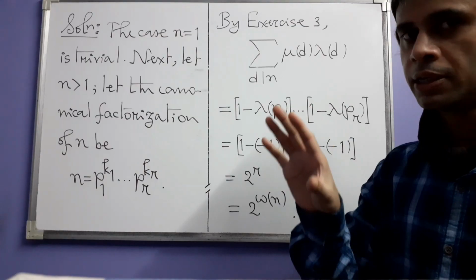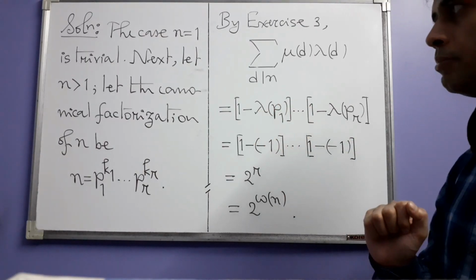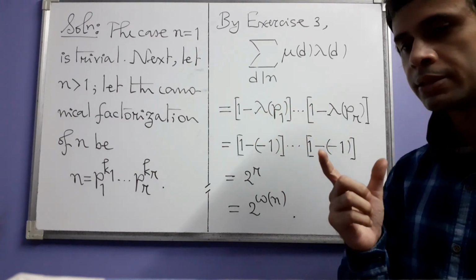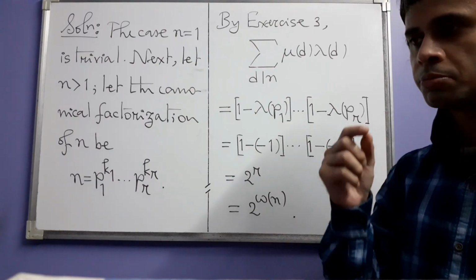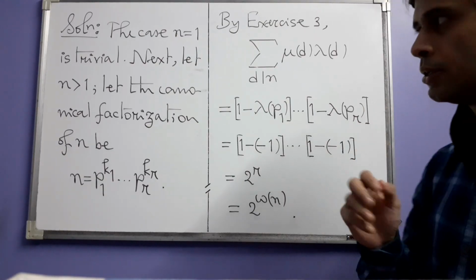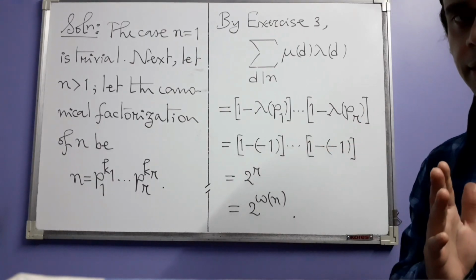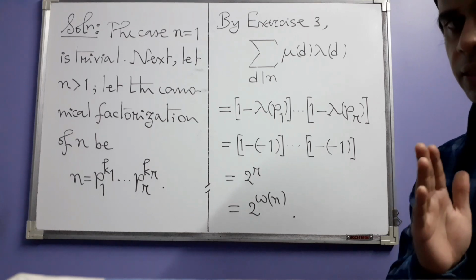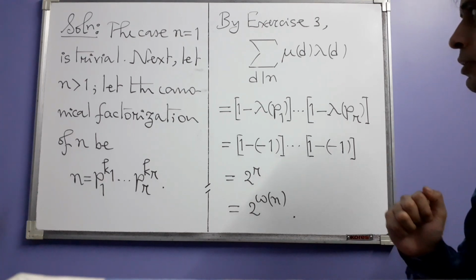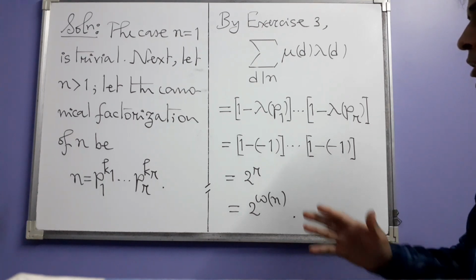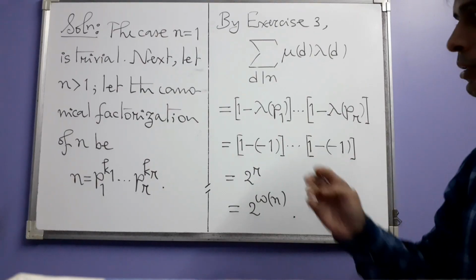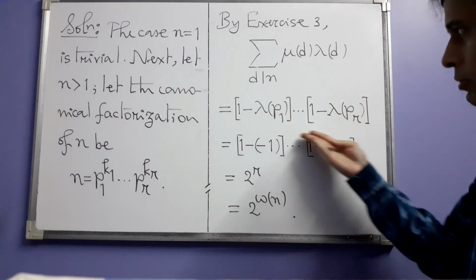So there actually lambda is defined for the first time, and there one of the things the exercise asks us to do is to prove that lambda is multiplicative. So I am assuming that fact here, assuming the result of exercise 7. On that assumption, we can use exercise 3 and write in place of this sum, this product.